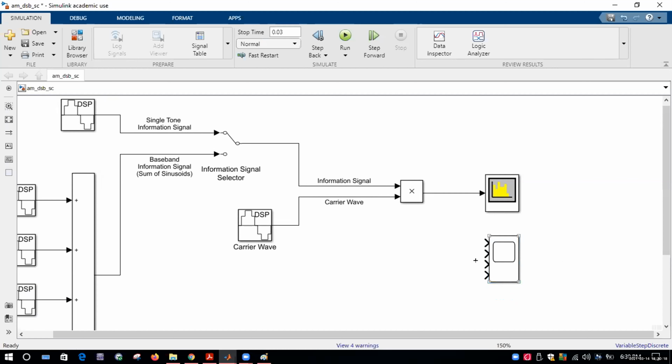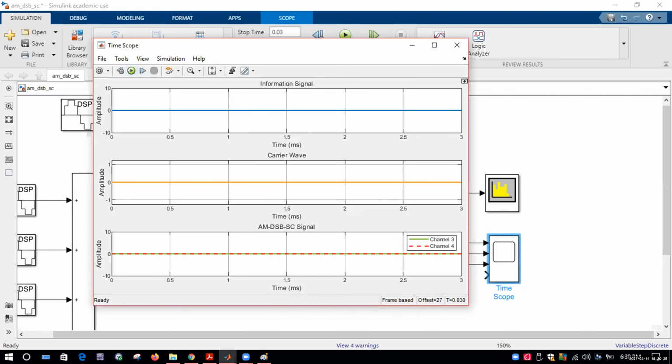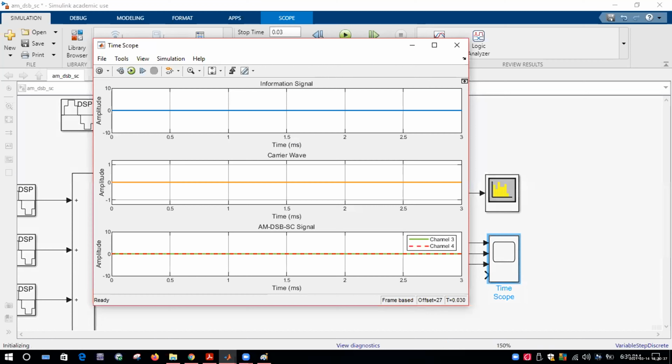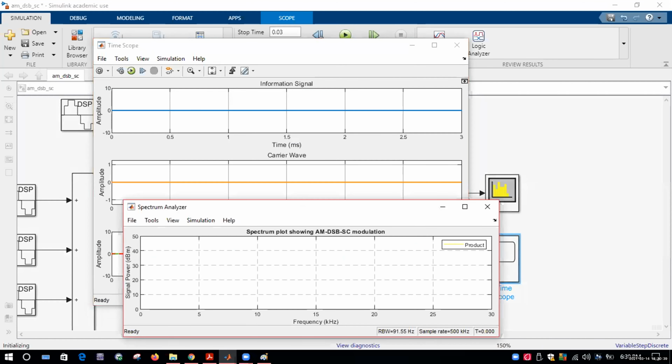Now this is the time scope. If I click time scope here, I will connect one time scope with the information signal, another with the carrier, and a third one with the output signal. Let's see how it looks. I will simulate it again. This is the same as an oscilloscope, you know.